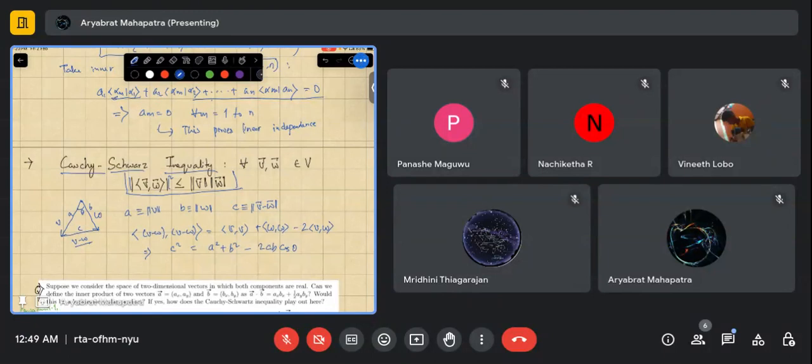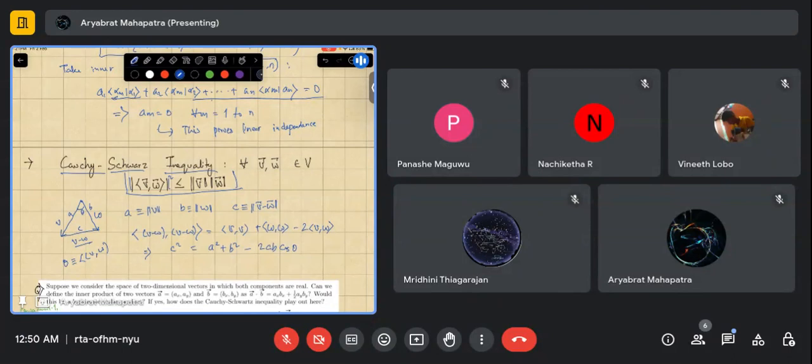So the inner product of VW will give you AB cos theta, because the inner product of VW you can write as norm of V multiplied with norm of W and cos theta. That is AB cos theta.